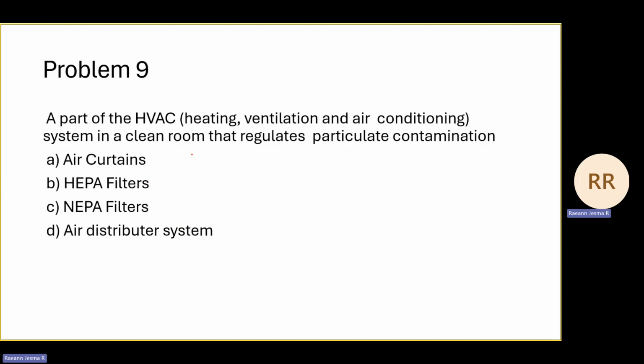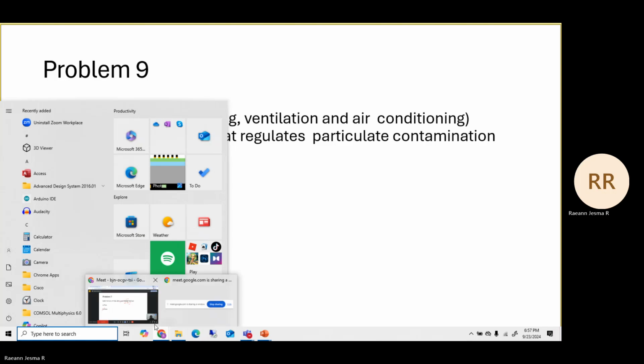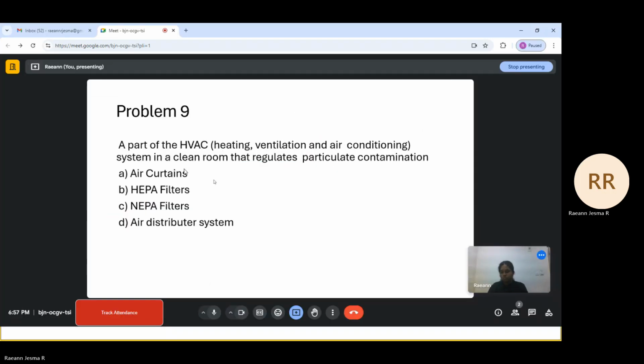Generally, the heating and air conditioning is to maintain a suitable temperature. We also need to ventilate the system. So what are we using to regulate the particle contamination?